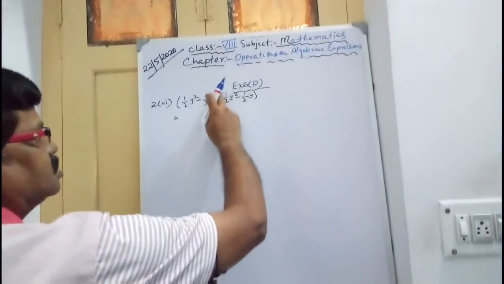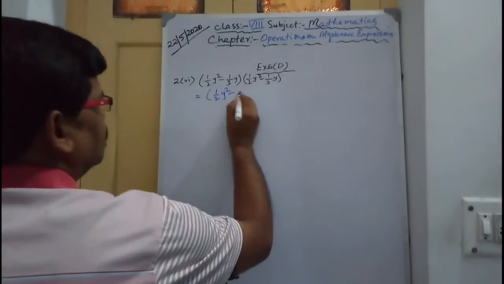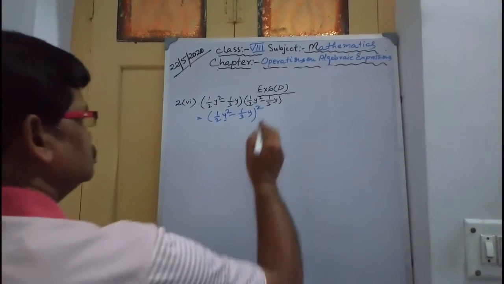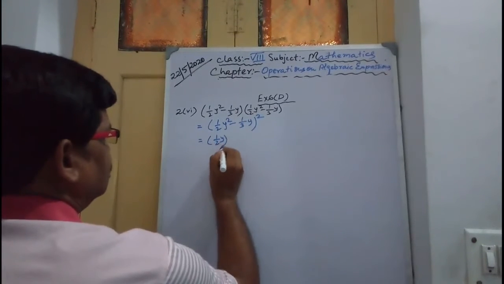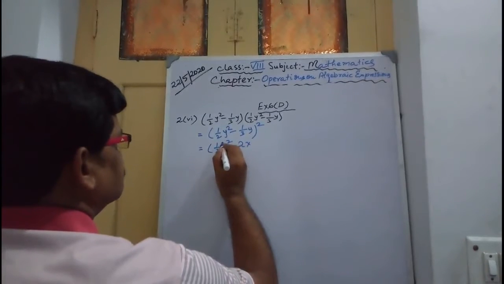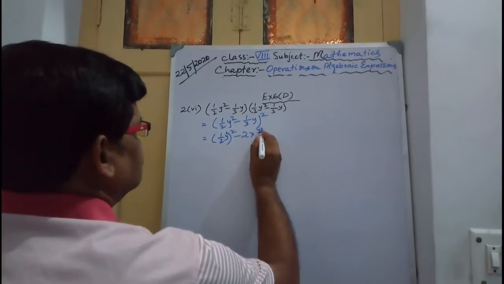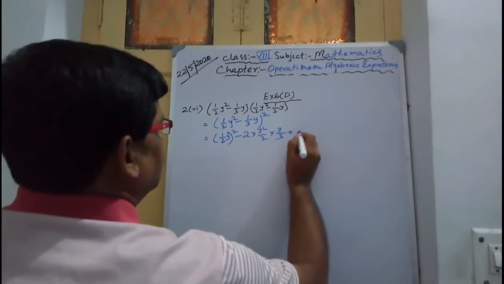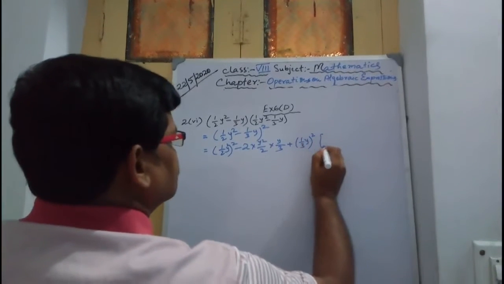Both are like terms, power is 1, so this can be written as (1/2 y² − 1/3 y) whole square.